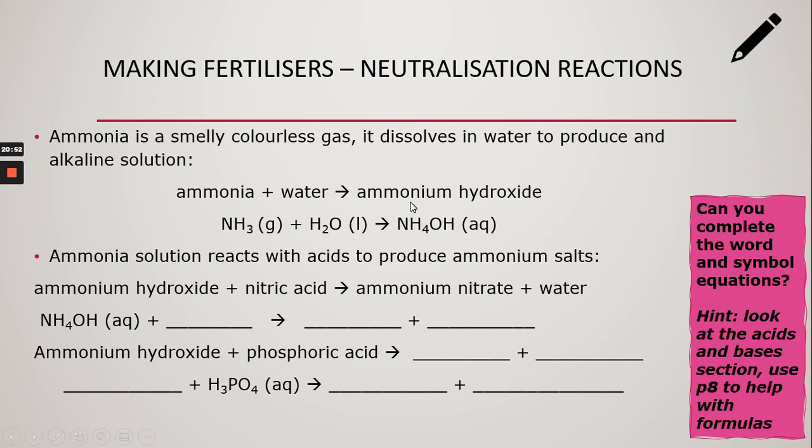So ammonium hydroxide, if you look at them in the table on page 8 of the data book, you'll see that ammonium is NH4+. I should have put the charges in here. And the hydroxide is OH-.